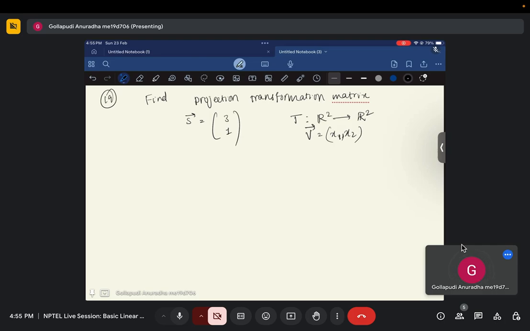Projection means you're projecting on this vector.